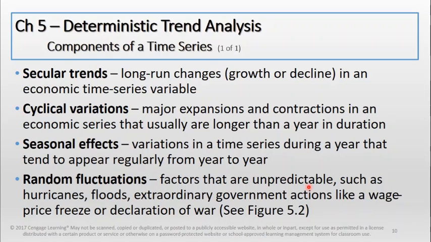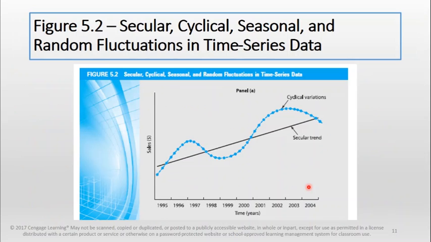So let's move on to the graph so you will really see the difference. In here, the secular trend is just a constant increase or decrease. It would depend. While your cyclical variations, as you can see here, have an effect over a long period of time. So it deals with more than 1 year in duration.